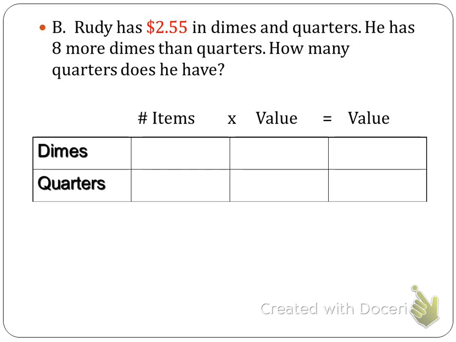We're talking about the value of the money here. So the number of dimes times the value of each dime would give you the total value in dimes. The number of quarters times the value of a quarter would give you the total value of all the quarters.